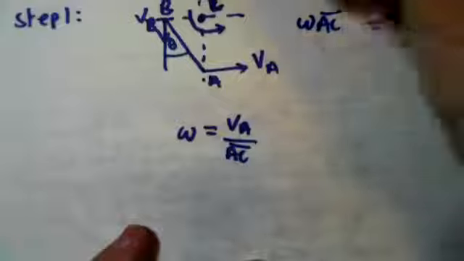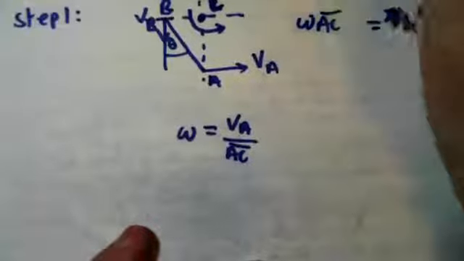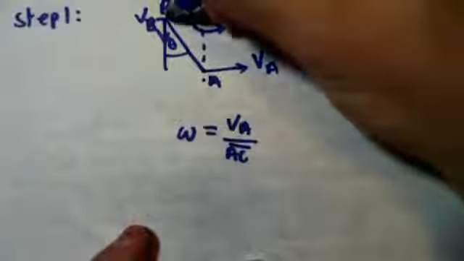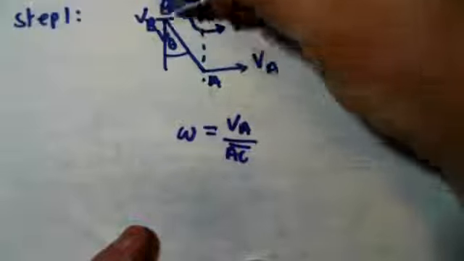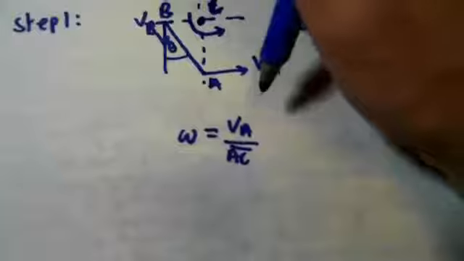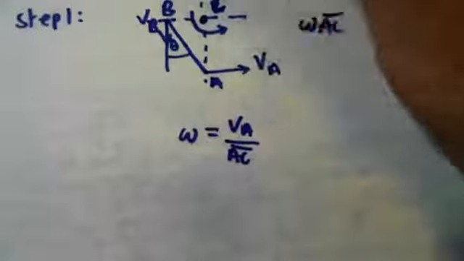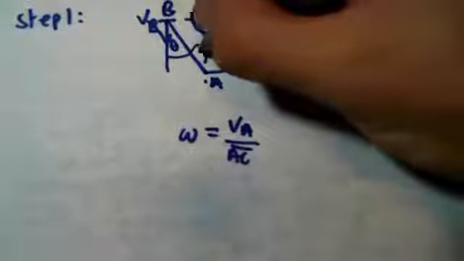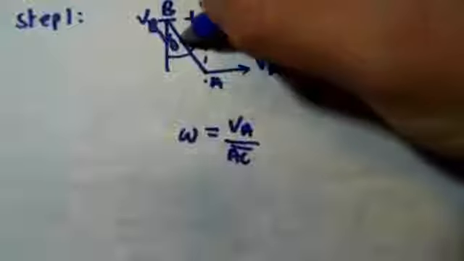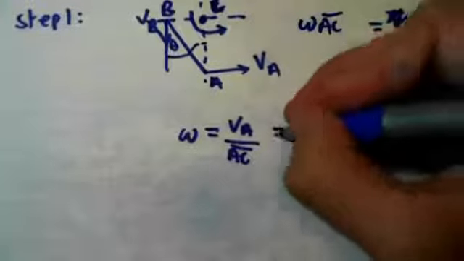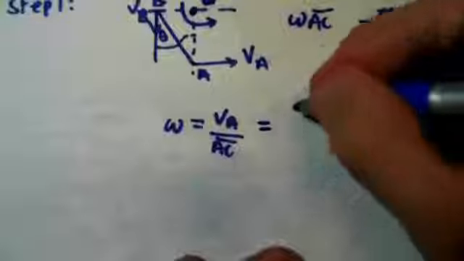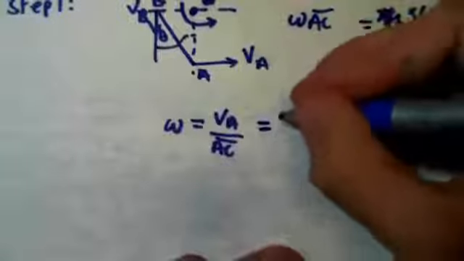And we can then see that L cosine theta, by alternate angles, is our displacement. Because if we do alternate angles, this angle in here is also theta. So L cosine theta gives us this displacement here. So omega is V of A on L cosine theta.